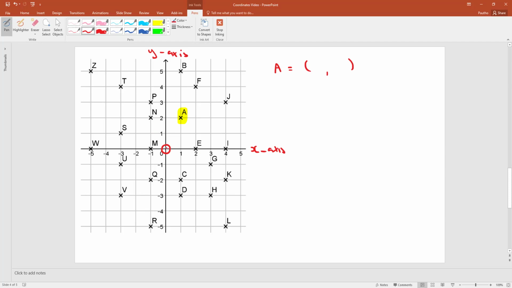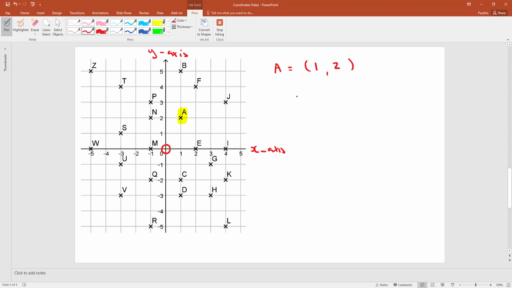You can see to get to A from the center, we have to go 1 right and 2 up. So the x movement is 1 right, which is just written as 1, and the y movement is up 2. So along 1, up 2, that is the coordinate of point A. I would pronounce this 1, 2.